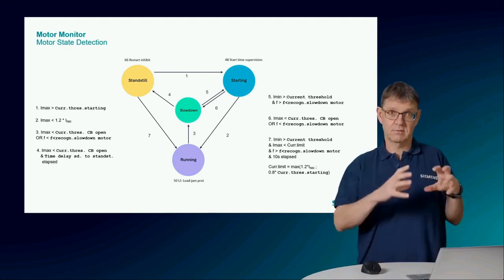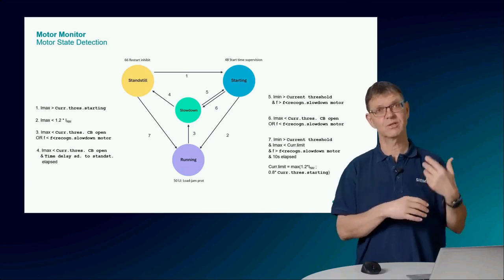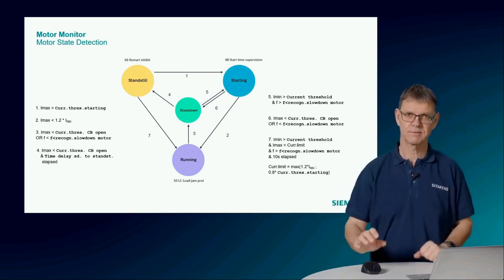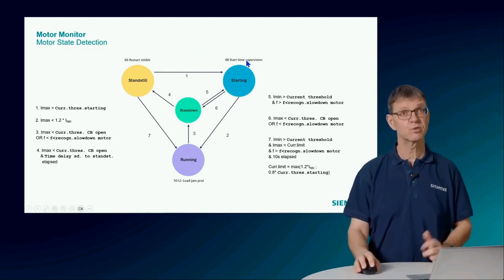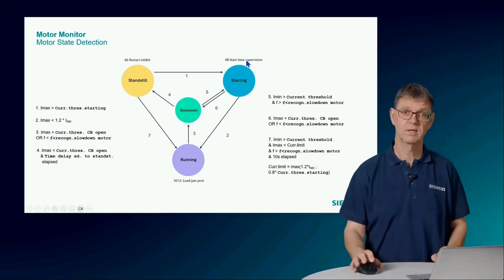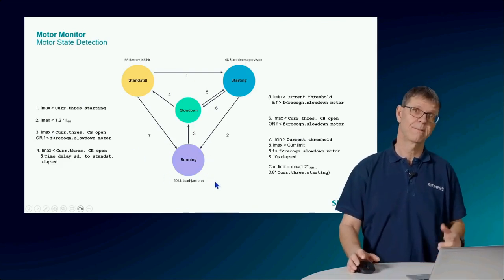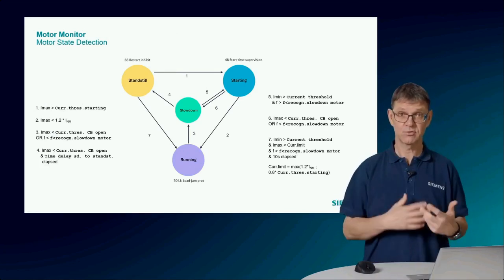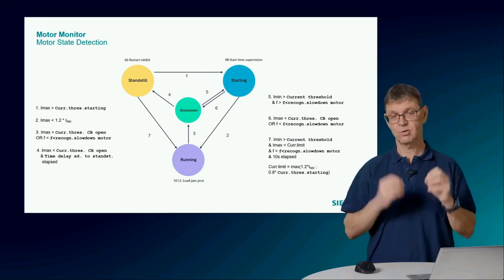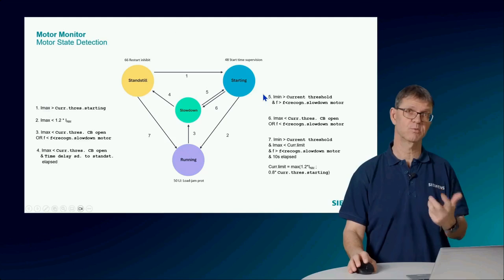Therefore it's active when the motor is at standstill, because only then we can switch on the motor. If the motor is starting up, we have the starting time supervision to monitor a too long start. And when the motor is running, we have the load jam protection. And only there, because if this was active all the time, we would probably trip with this function with the starting current. This is what we need to avoid.